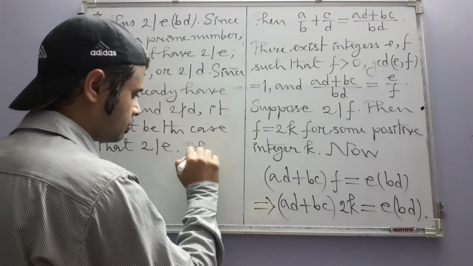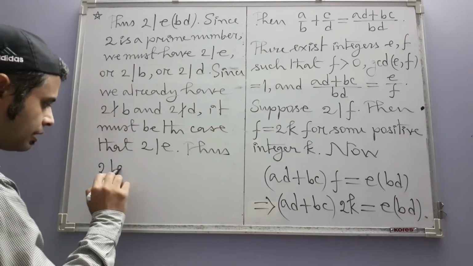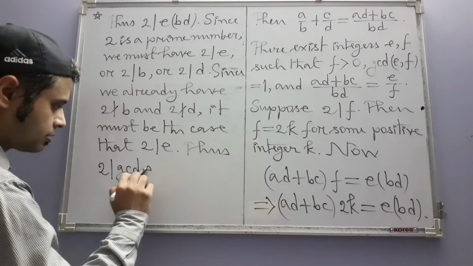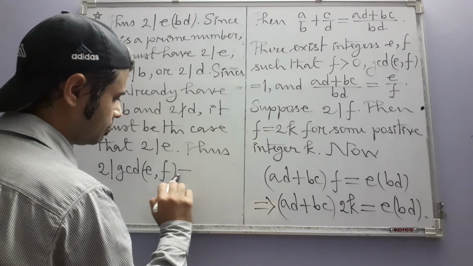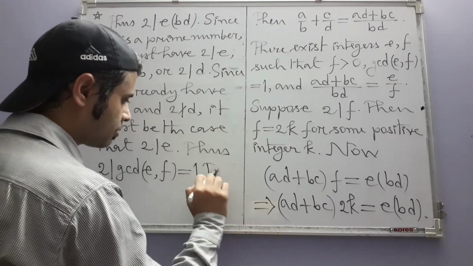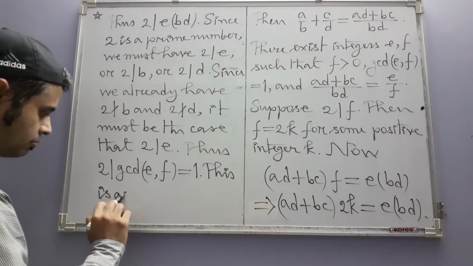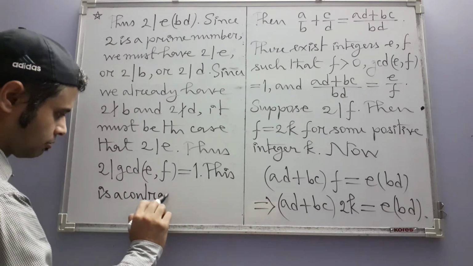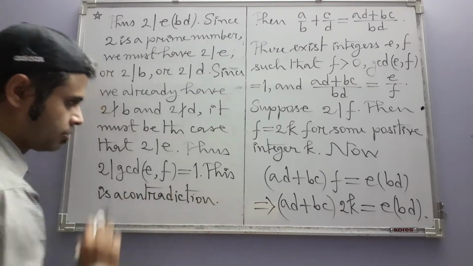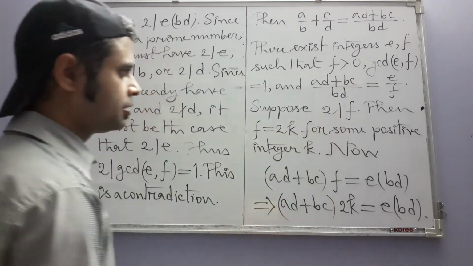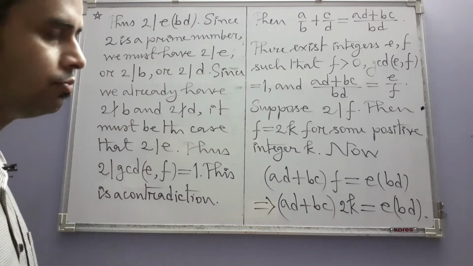Thus 2 should divide the greatest common divisor of E and F, which however is 1, and this is a contradiction. So that means this supposition is wrong. 2 cannot divide F. We have now proved that.